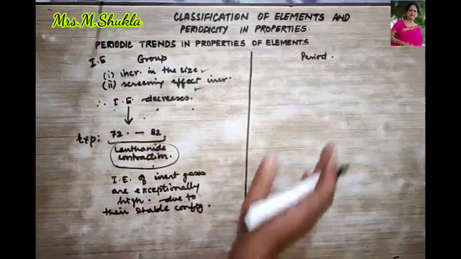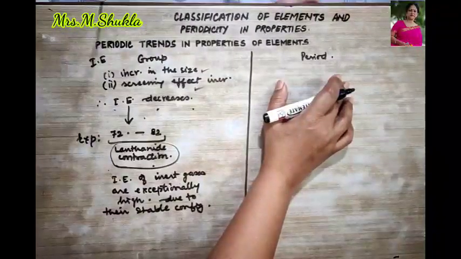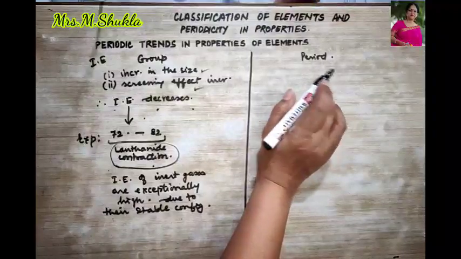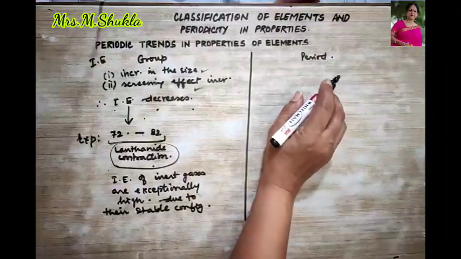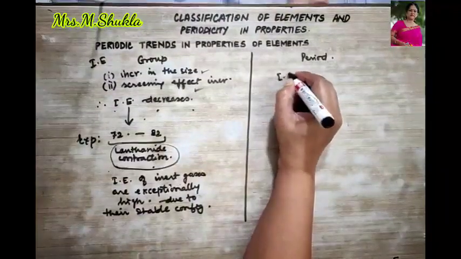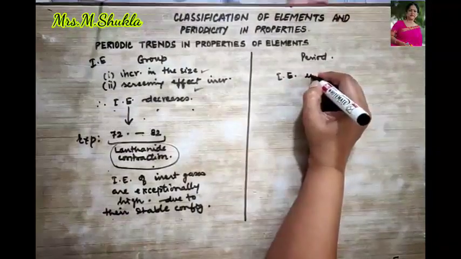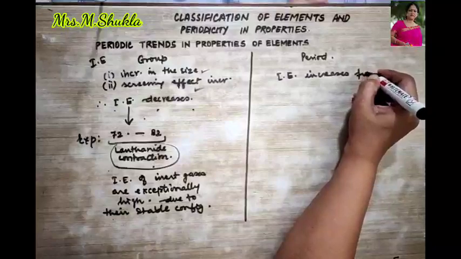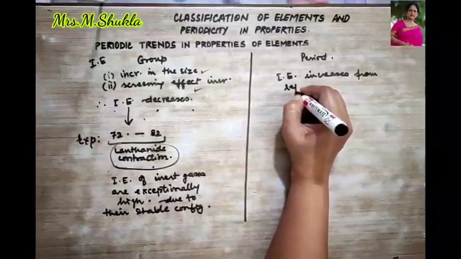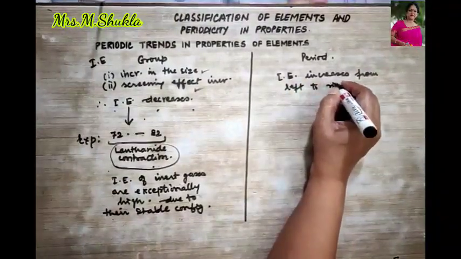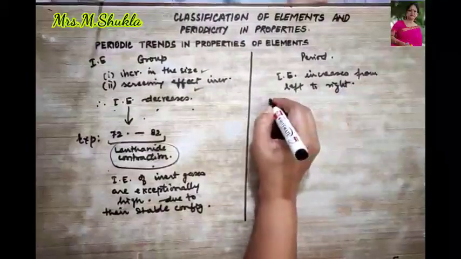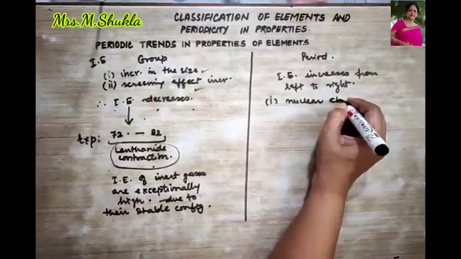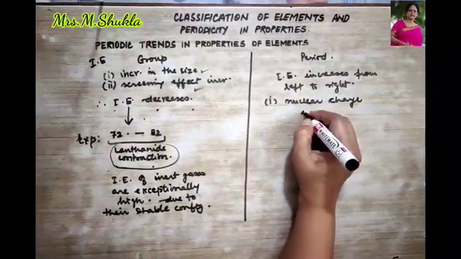Now let us talk about variation in a period. In a period, what do we know? As we move from left to right, the ionization enthalpy increases. Now, first reason, because nuclear charge increases.